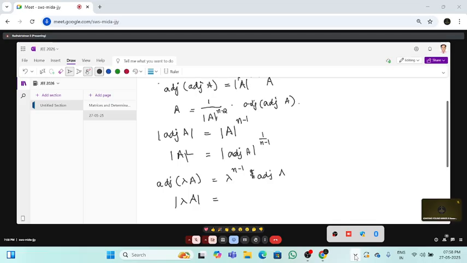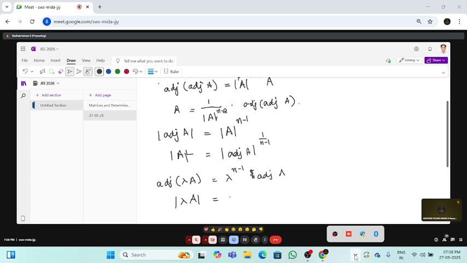So from that, how do you calculate determinant of lambda A?